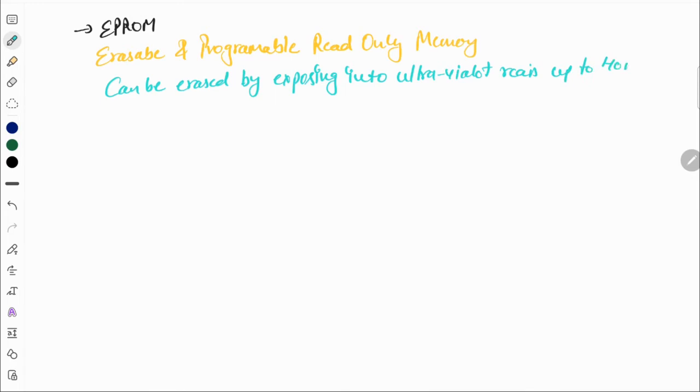EPROM can be erased by exposing it to ultraviolet light for a duration of up to 40 minutes.